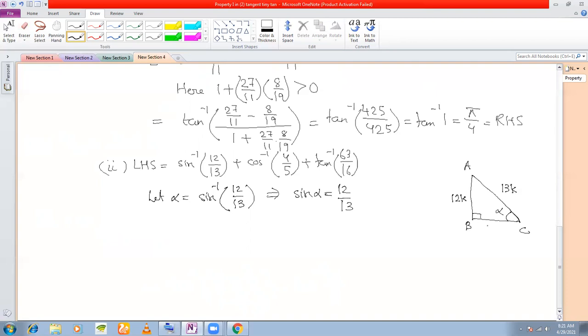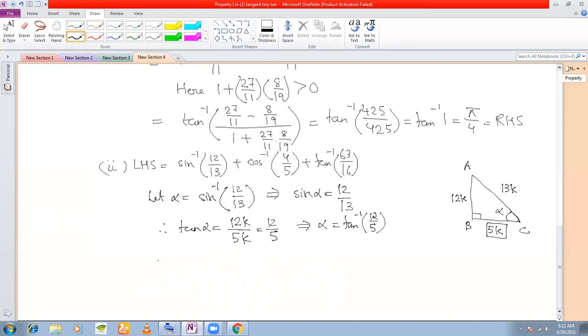And obviously, if you work out with Pythagoras theorem, this should become 5k. Therefore, what do you get here? What is tan alpha here? Tan alpha is 12k by 5k, which is 12 by 5. That means alpha is tan inverse 12 by 5.